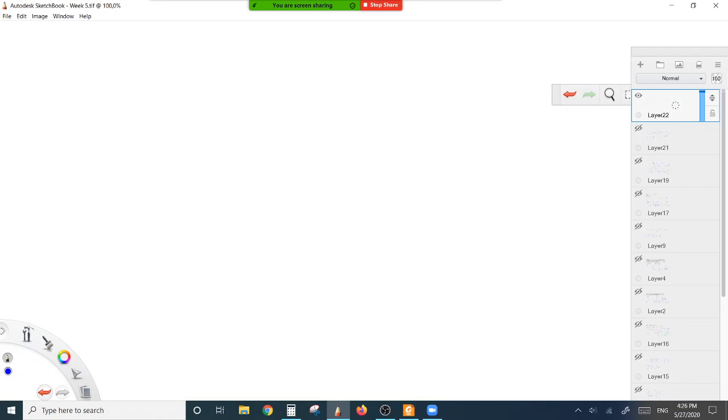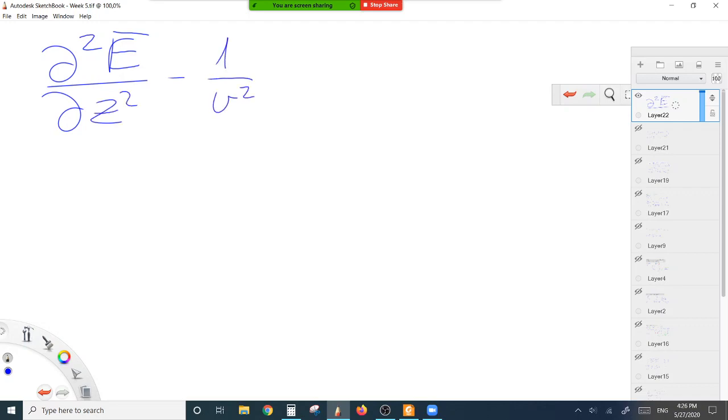So by the equation it was d squared E over dz squared minus 1 over v squared d squared E over dt squared should be equal to 0.